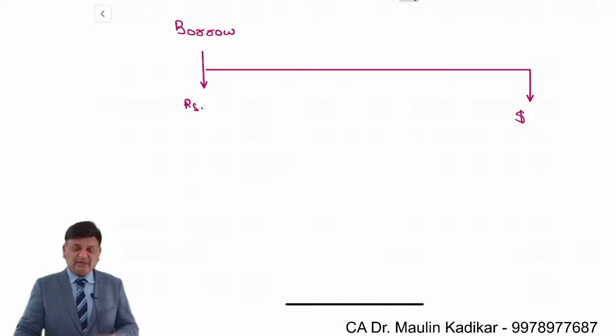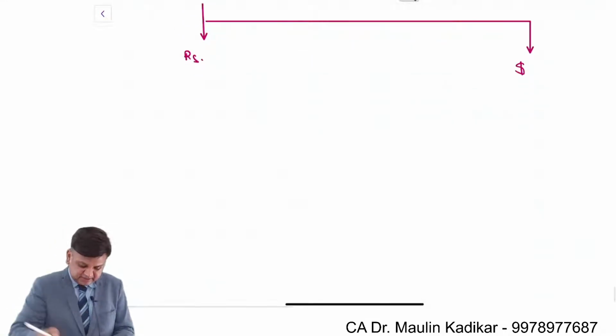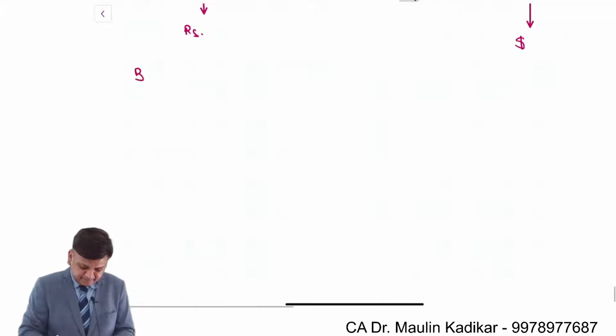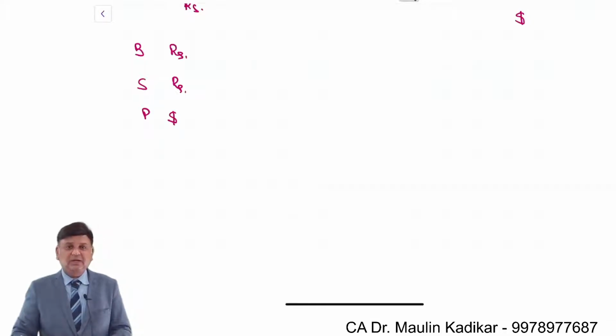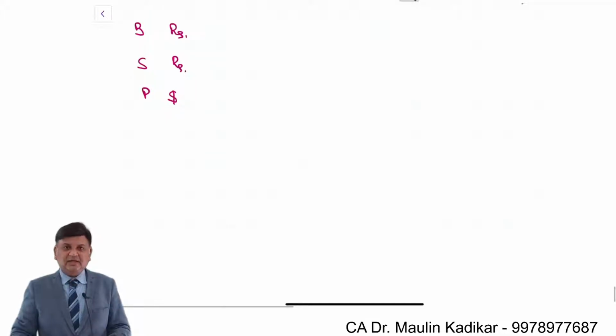Suppose you borrow in rupee currency, then in that case we understand: borrow rupees, sell rupees, purchase dollar. You use the amount as you want, and so the repayment of the loan will be in your own currency, so there is no foreign exchange risk.